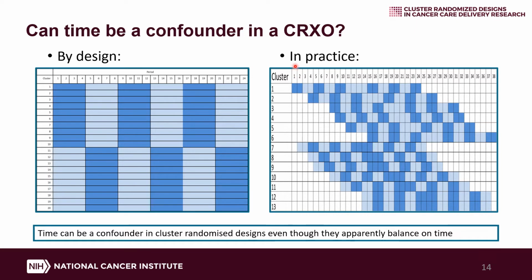This can mean that as we look down our design at any particular point in time, we might not have an even balance of treatment and control clusters. So although in theory these designs are designed to be balanced on time, in practice there often end up being some residual imbalance. So time can be a confounder in cluster randomized crossover designs, even when they look to be apparently balanced on time.